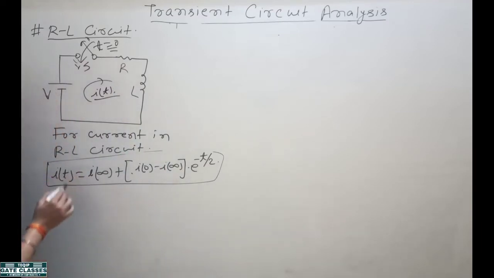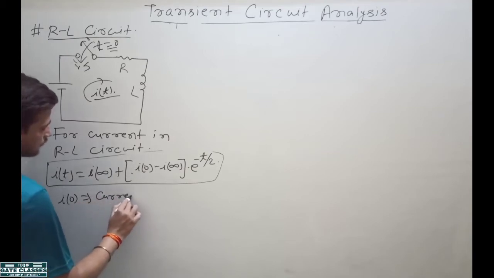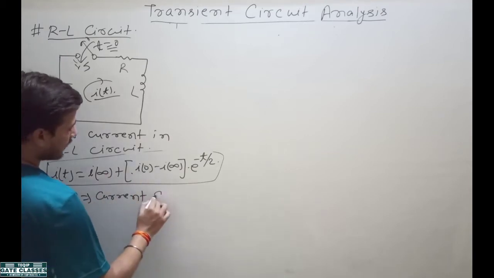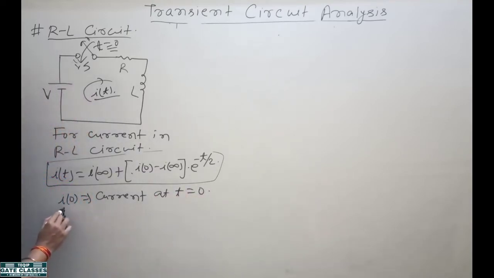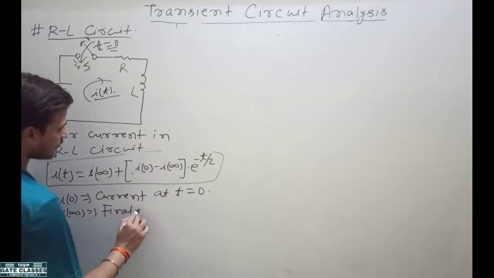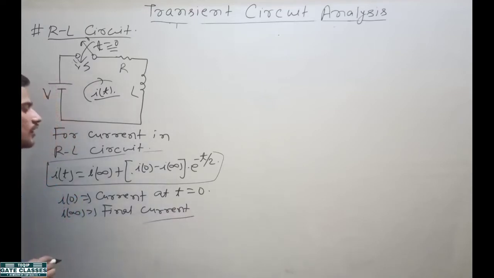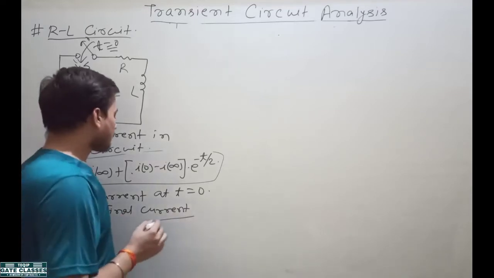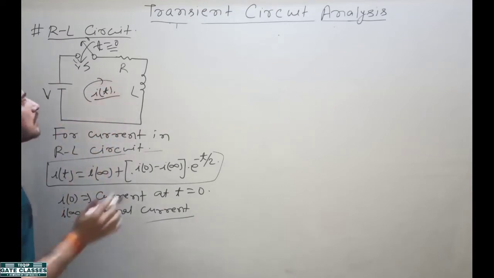What does it mean? I0 is the current at t equal to 0. I infinity is the final current, that means the current when the inductor is short circuited. Clear? Now we have to write the initial current and final current.